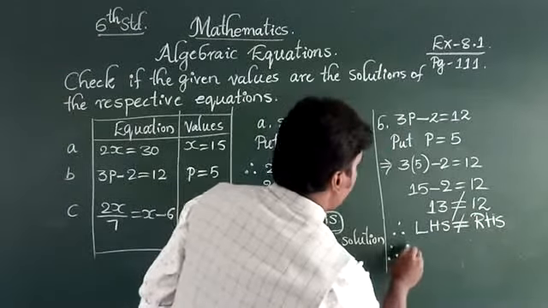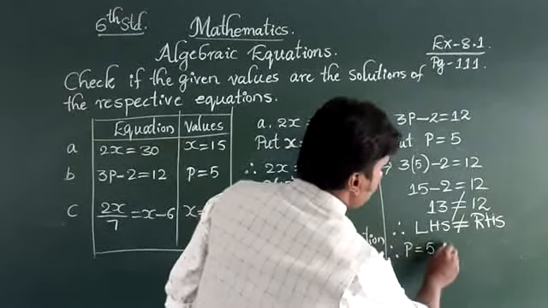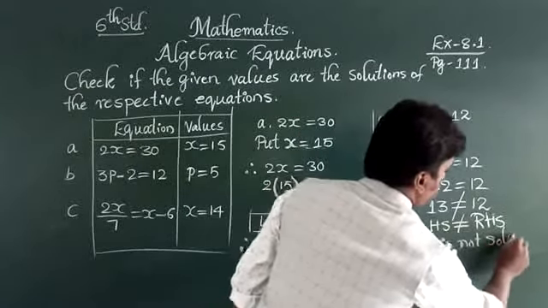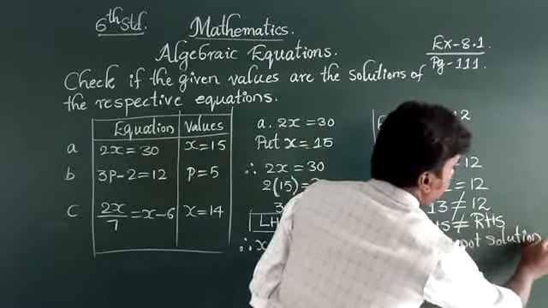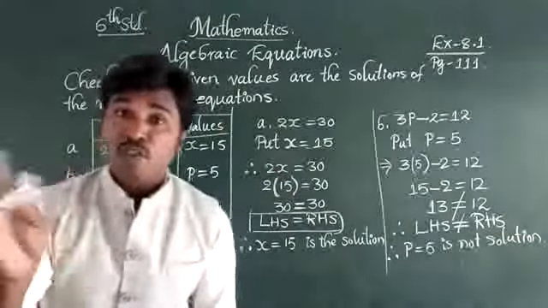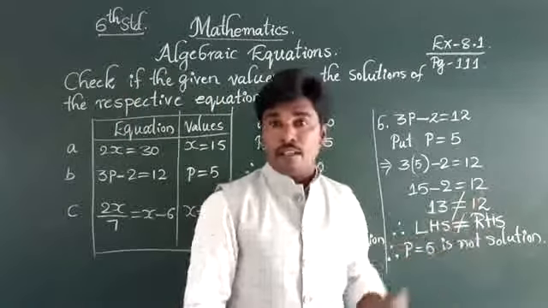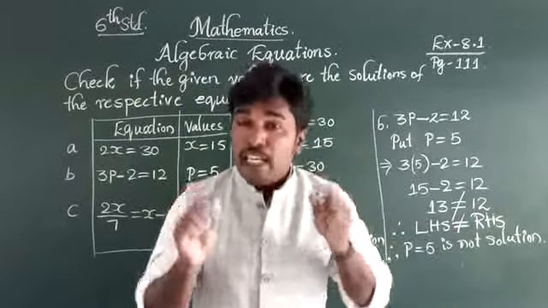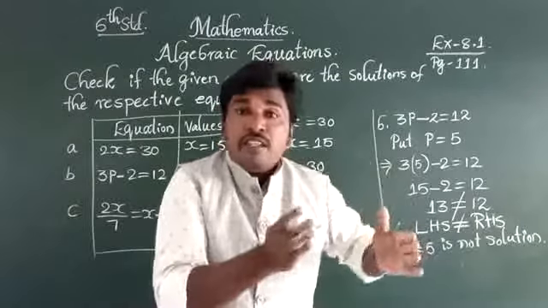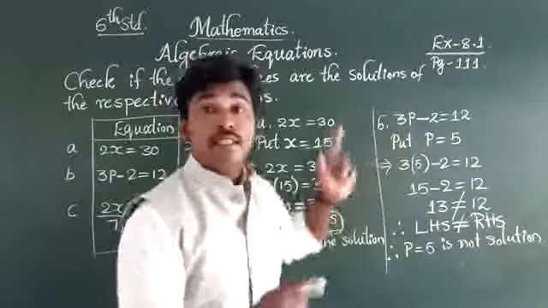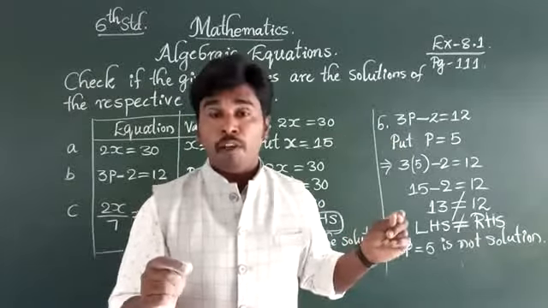Therefore p is equal to 5 is not a solution, because LHS is not equal to RHS. If both left hand side and right hand side are equal, then the given value is the solution. I hope you have understood.